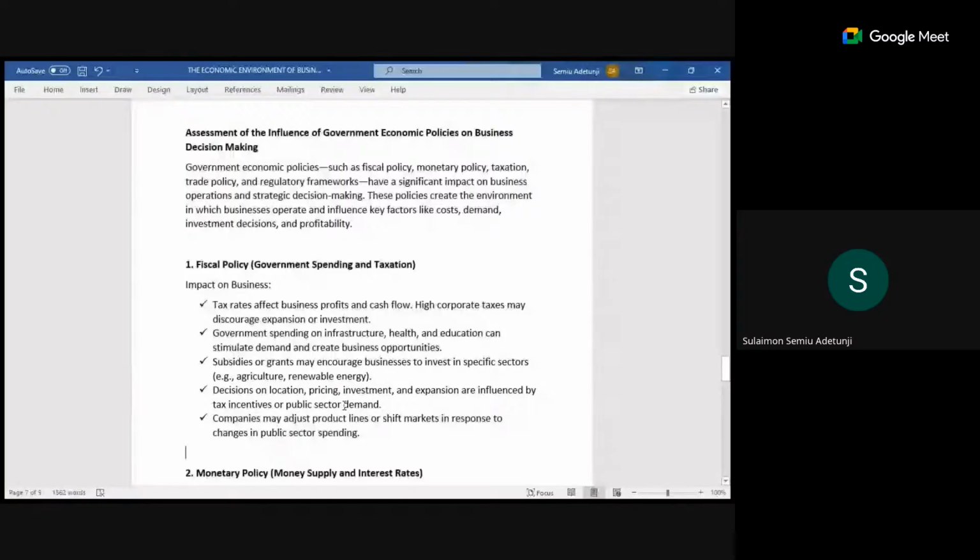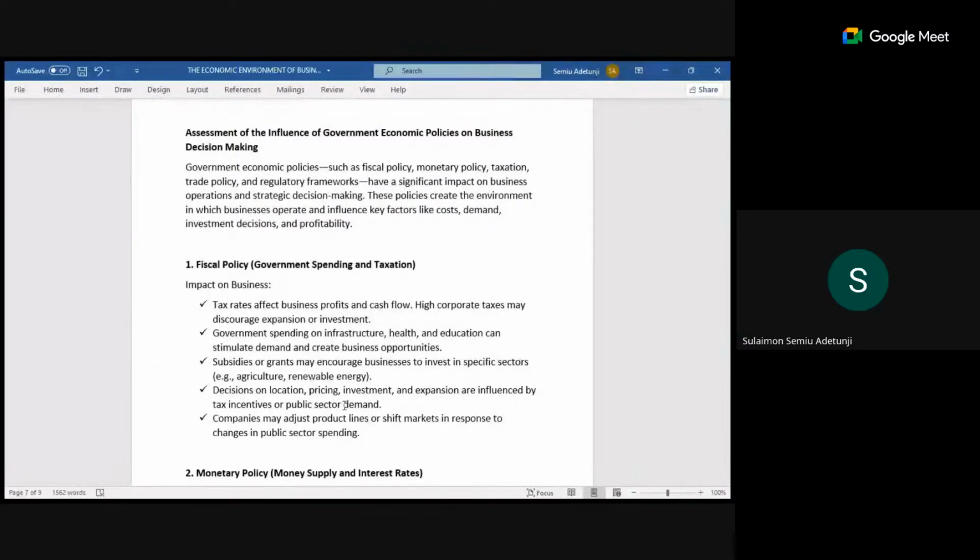Assessing the influence of government economic policy on business decision. This has to do with how government policy affects our business. There is a period of time when everybody waits for the syllabus before we can make a decision on what paper to write.